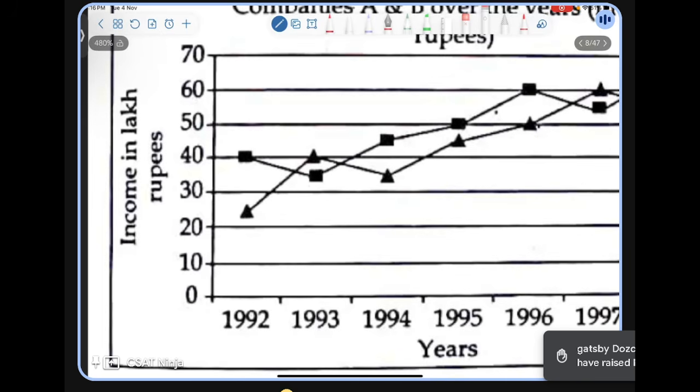If you have data here, and this is 30 and this is 40, we have a point between these two, but the value here is not given. Always remember that the value of this one will always be the middle point of these two. So what's the middle point of 40 and 30? It will be 35. So the value of this one will be 35. The value of this one will also be 35.